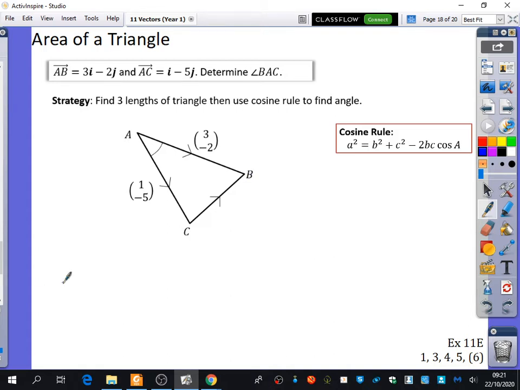So how do you think I could find the vector from C to B? From CA to AB. Good. If I want to go from C to B, I can go CA and then AB. So we're just doing different pathways around the triangle here.